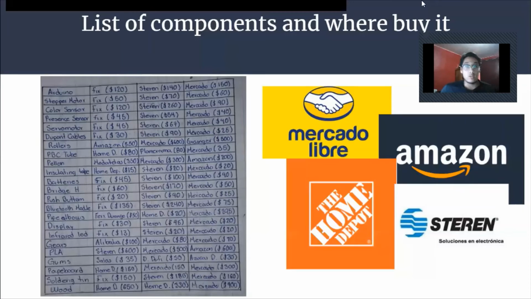To achieve this, we searched on the internet and visited stores, including electronics shops, shopping centers, and candy stores, asking for the price of each device to be more sure of its real price. Finally, we have an approximate total cost of our project, which will be between 3,000 and 4,000 Mexican pesos.